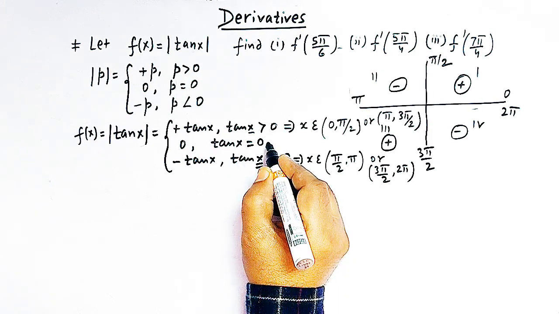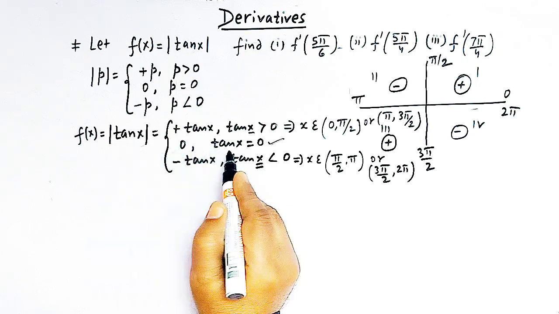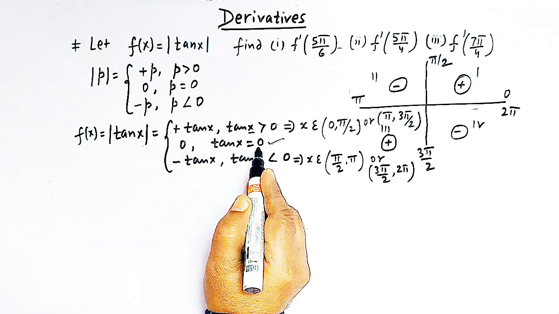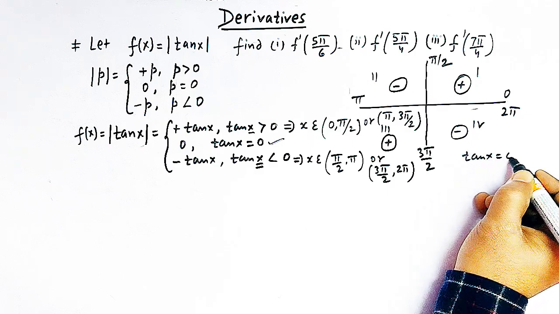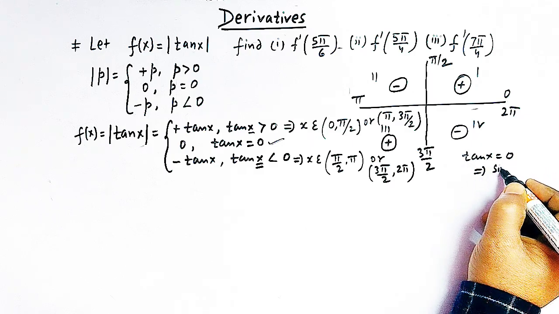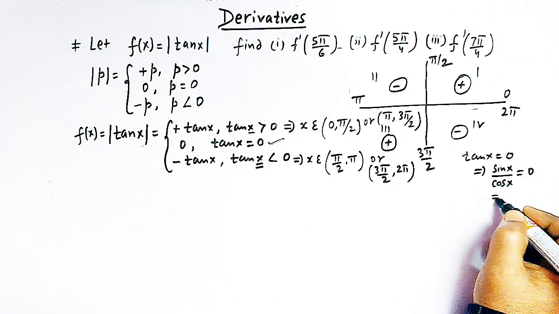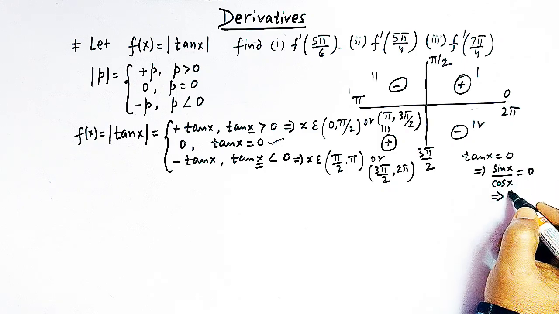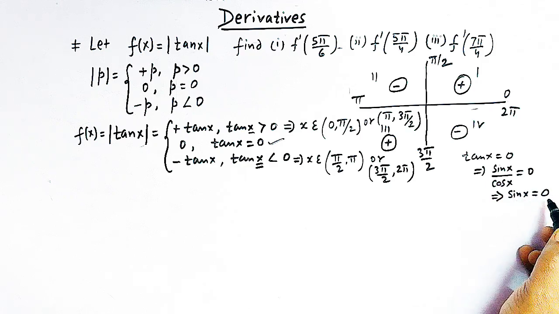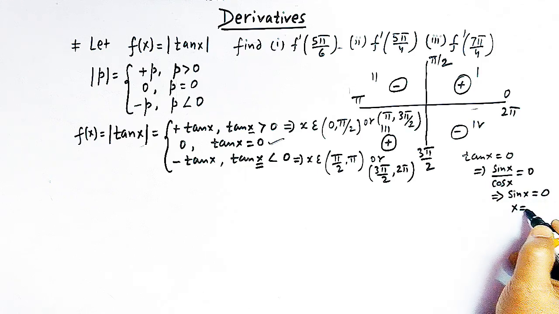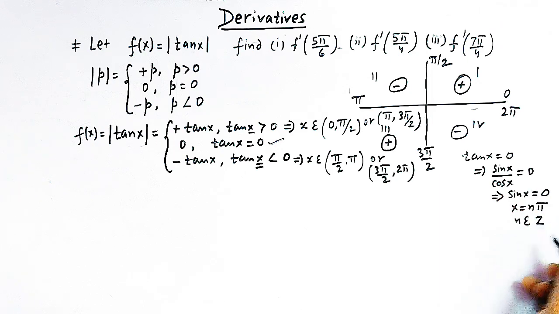Now here we have mod of tan x equal to 0. This implies that tan x is equal to 0. So tan x equal to 0 implies that sin x over cos x should be equal to 0, and this implies that sin x should be equal to 0. And when sin x is equal to 0, then x should be equal to n pi, where n belongs to the set of integers.